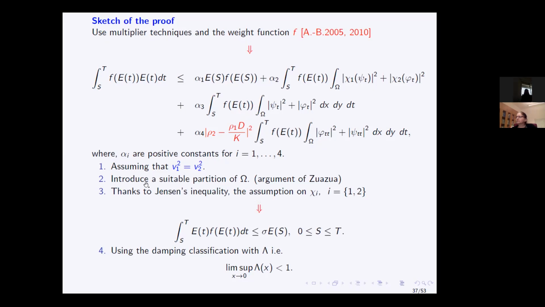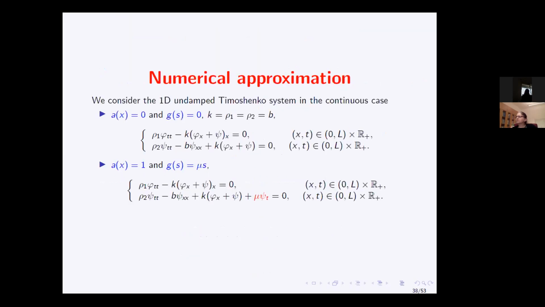And of course, we need to introduce a suitable partition of the domain omega. And we apply the Jensen inequality and the assumption on the nonlinear damping in order to obtain this inequality, and use the classification of the function gamma to prove that the energy satisfies the lower energy estimate.